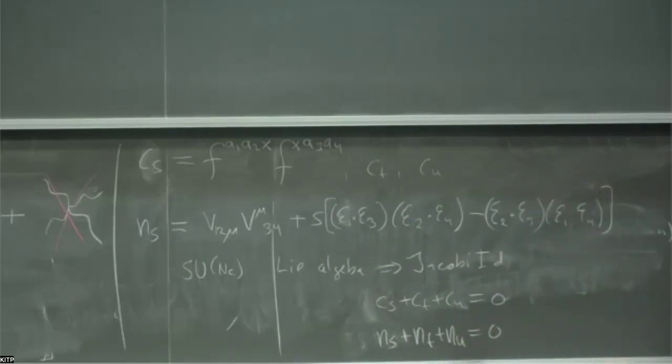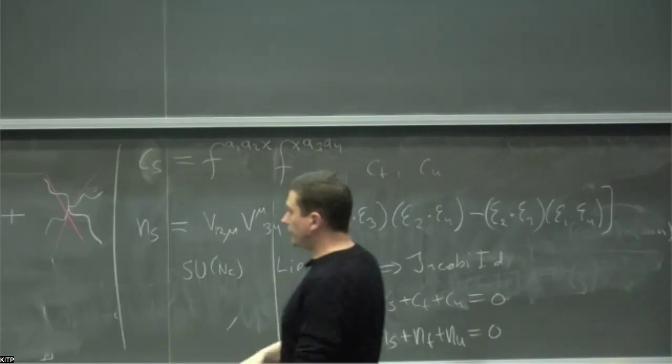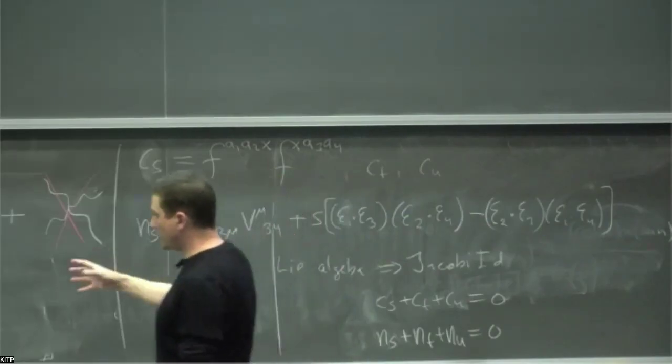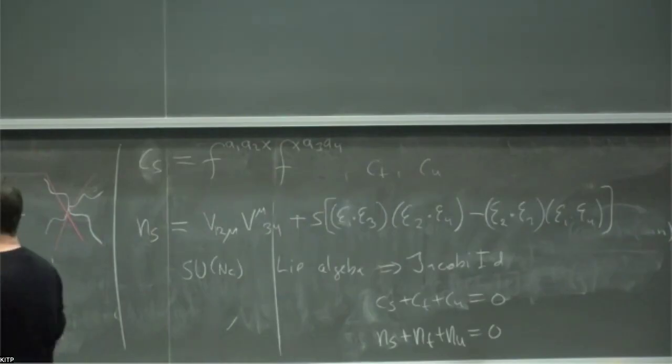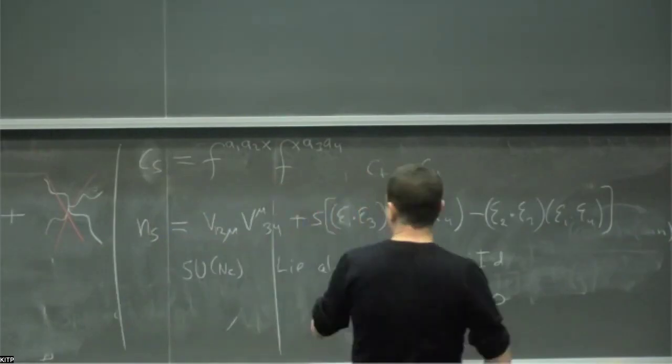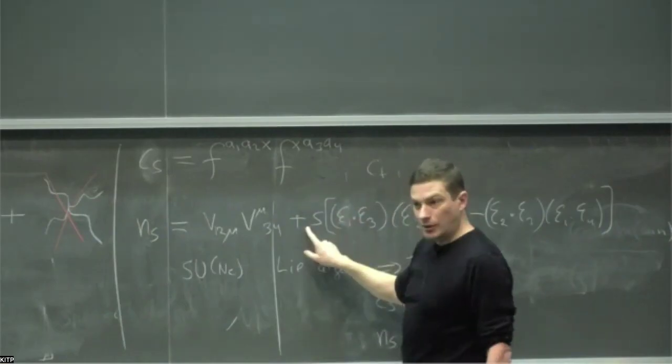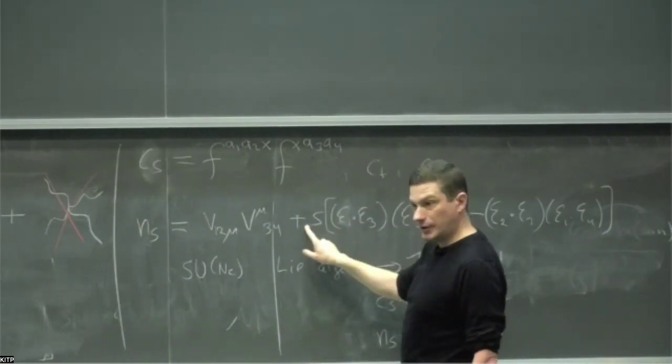Yep. If you had absorbed it differently, would that work? Well, so here the only freedom I have, if I want to make sure that I have a permutation symmetry between the graphs and antisymmetry of the graphs, is basically the overall factor here.